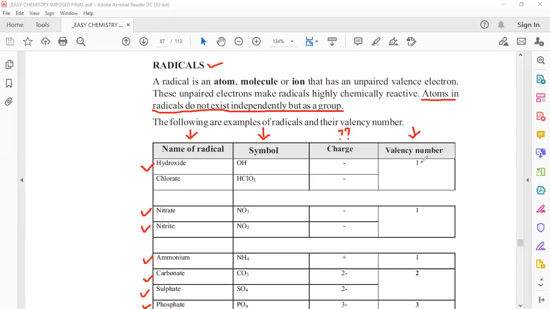So just to help you remember the radicals, because you have to not really master, but know them, I normally group them. So I group hydroxide, ammonium, which is NH4, nitrate, NO3, and nitrite, NO2.